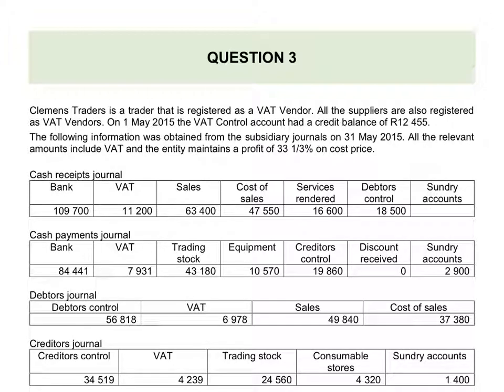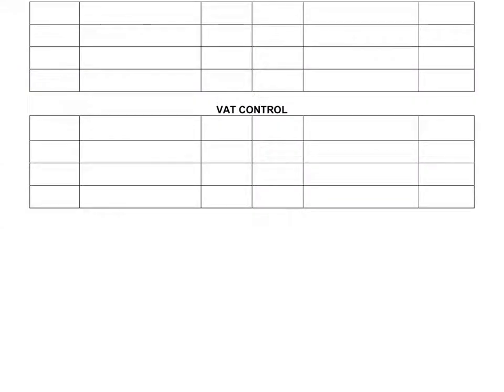On 1 May, the VAT control account had a credit balance of 12,455. We will start the VAT control account on the credit side, indicating that there is a credit balance in the VAT control account of 12,455.